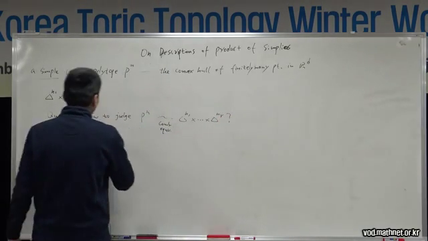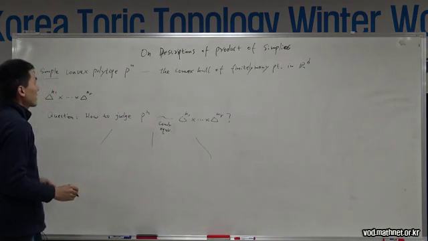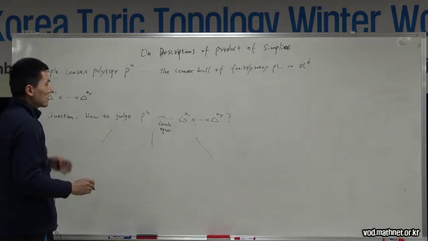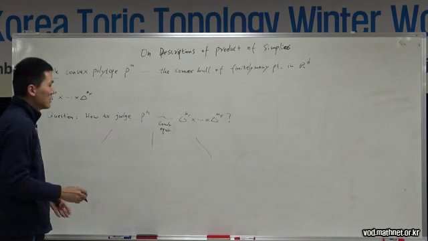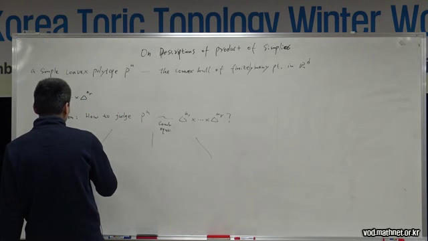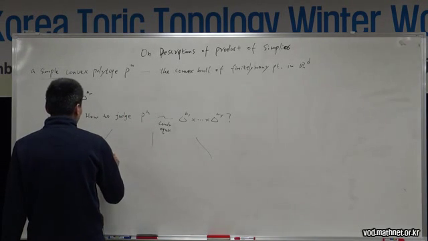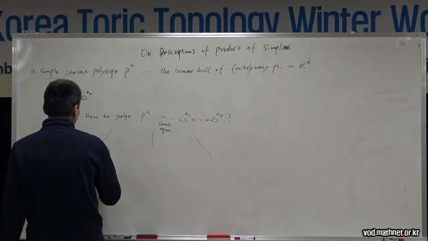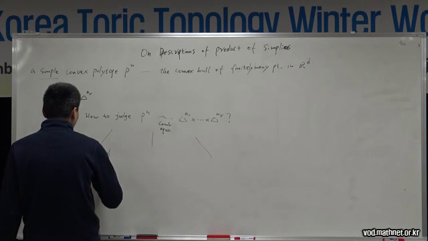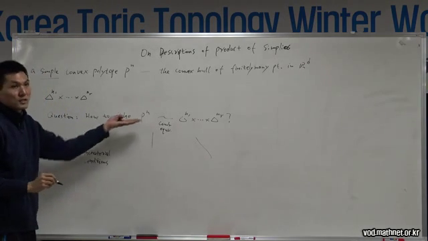So in my talk, I will discuss how to judge whether a simple convex polytope in Euclidean space is equivalent to a product of simplices from three different directions. One is combinatorial conditions. I will show several combinatorial conditions to judge this.